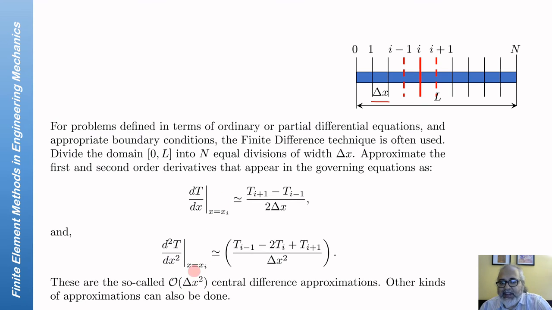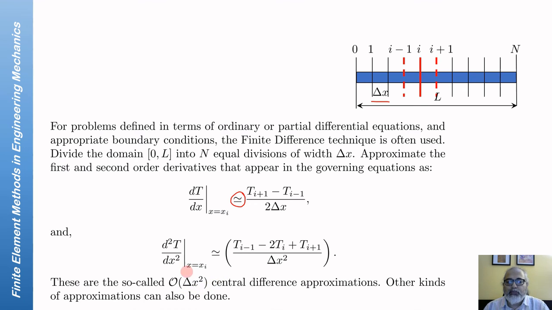So as delta x goes small, this almost equal sign tends to an equal sign. These two derivatives start coming closer to each other as delta x becomes small, obviously as delta x squared.